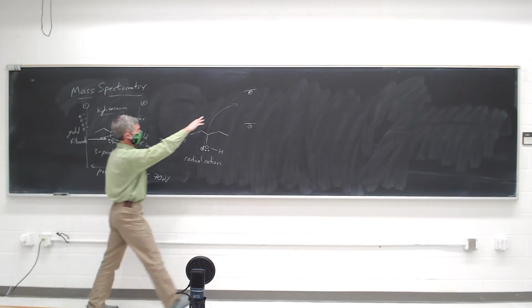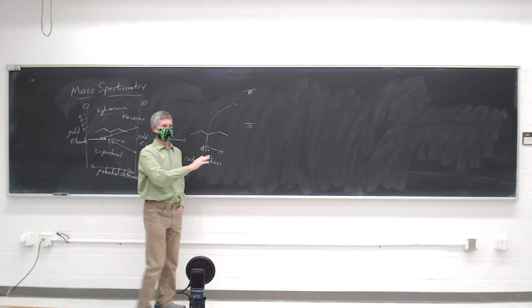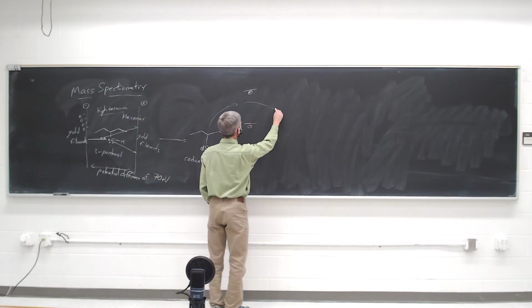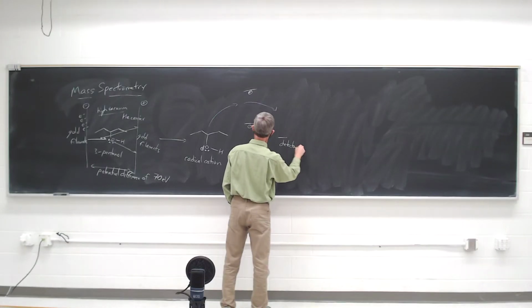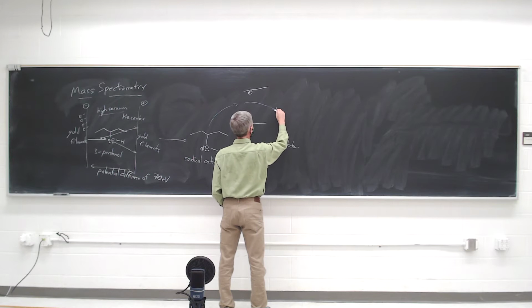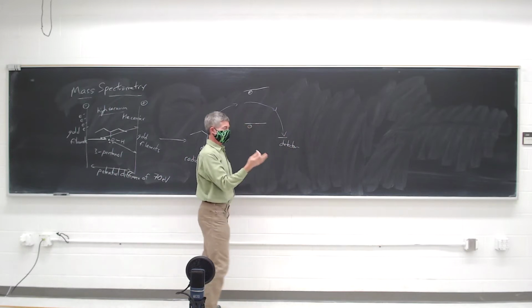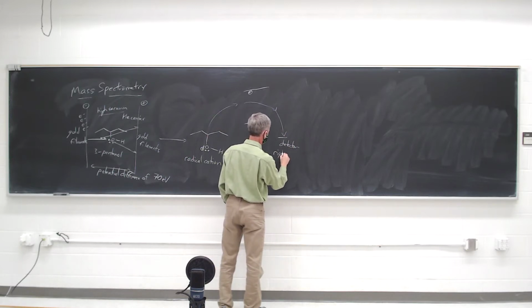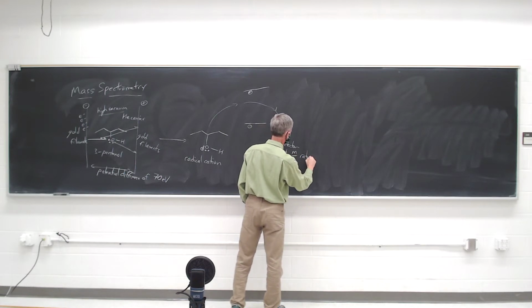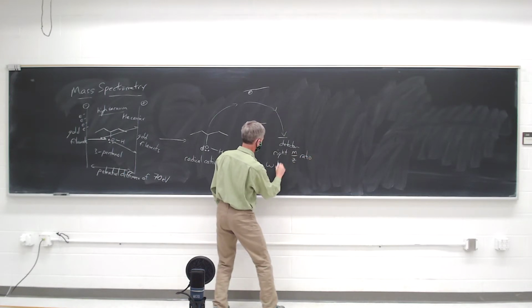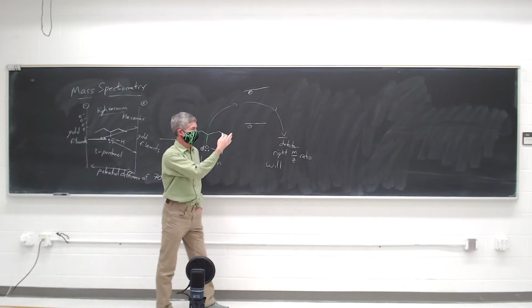So it will be repelled by the positive plate and attracted to the negative plate. And there'll be a detector over here. And if it's got just the right mass over charge ratio, it'll make it through and not crash into something.